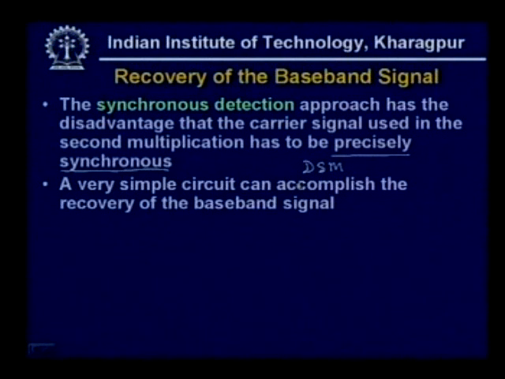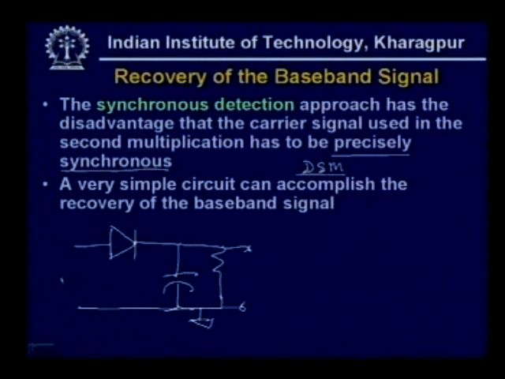On the other hand, if we use that original DSB signal, it can be recovered very easily by a simple circuit like this. We can use one diode, a capacitor and a resistor. This can be grounded. So, across this you can get back the signal.